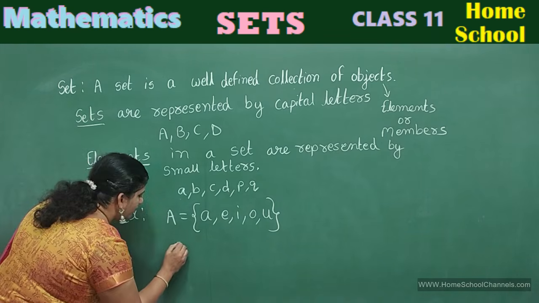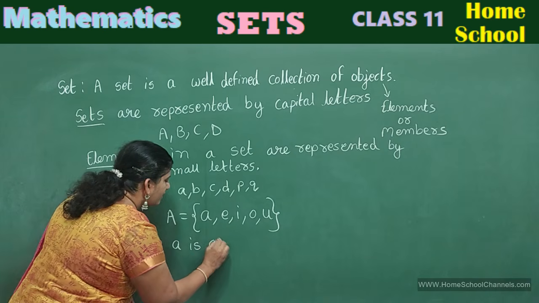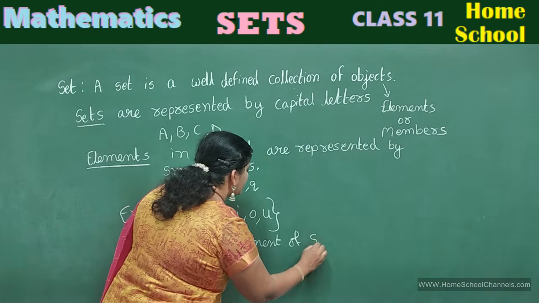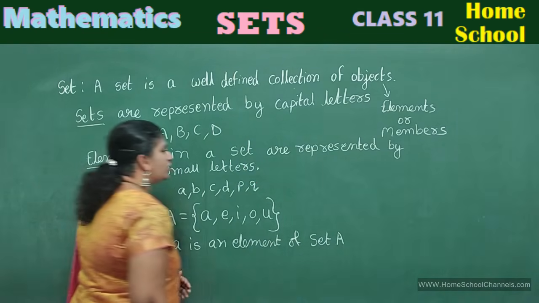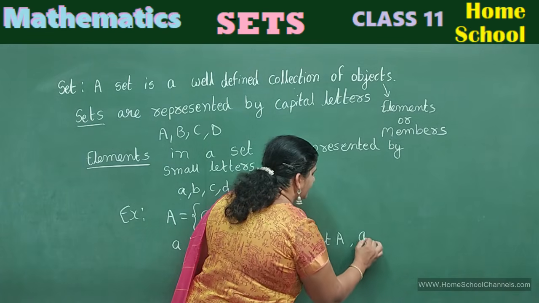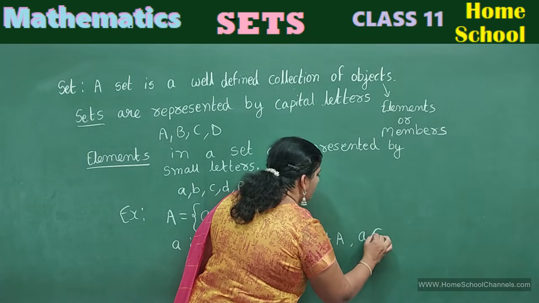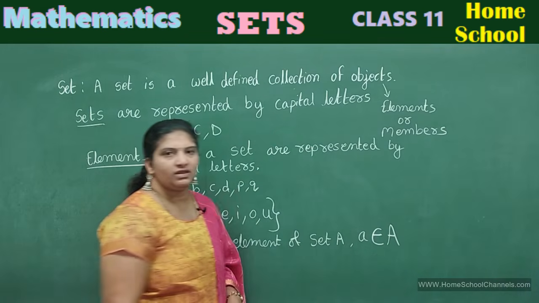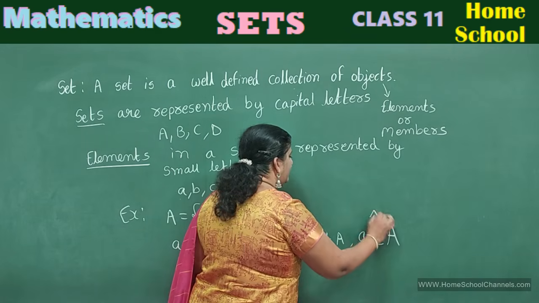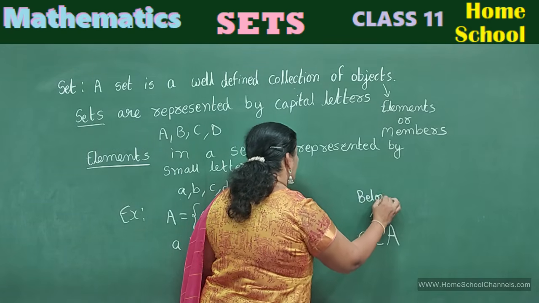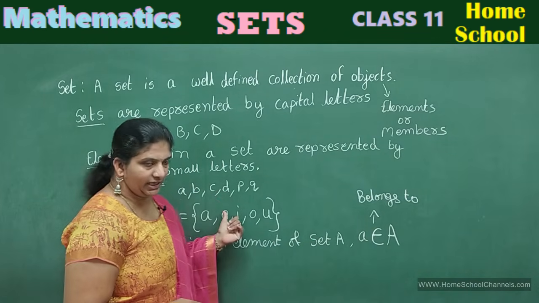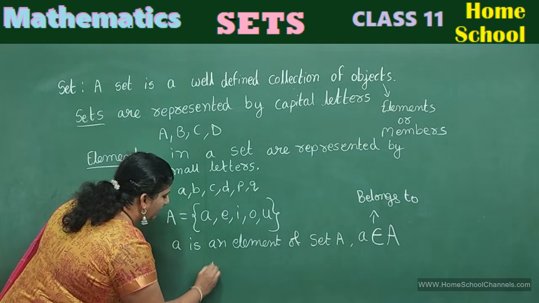So when a is an element of set A, how can you represent it using a notation? How can you represent this, children? I may write this as a belongs to capital A. What is this symbol? Epsilon, and this is used to represent belongs to. a belongs to capital A. Suppose I say p.